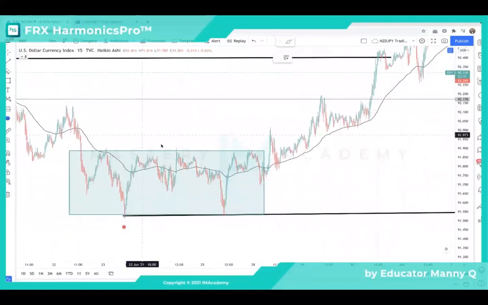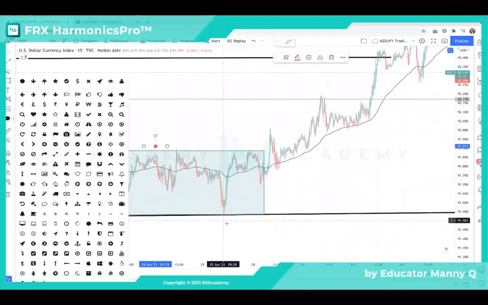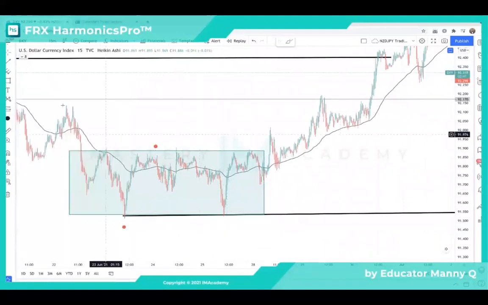From here, the market created a high point. And from there, the market came back to a low point. And now the market here came back to a low point.